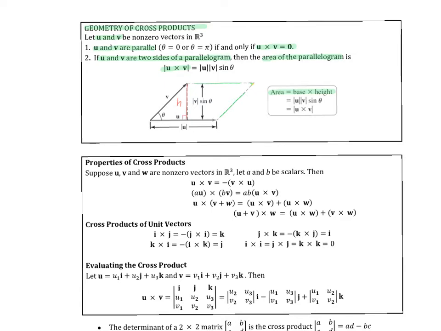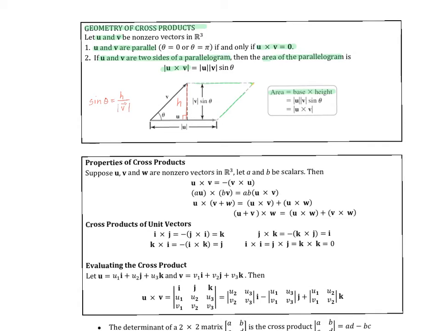Well, what we have here is a right triangle, and we have an angle theta. So if I were going to describe the height, I could use the trig identity. The sine of theta is equal to the opposite side of our triangle, which is our h, over the length of the hypotenuse. The length of the hypotenuse is the length of my vector v, which is simply its magnitude.